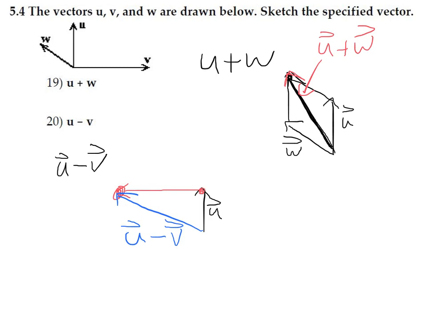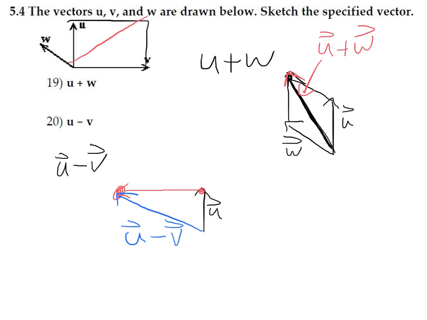Now, another technique that can be used, and this is something that's not as obvious as doing u and then minus v from there, is like the parallelogram law before. Essentially, if I were to finish the parallelogram for u and v, that's u plus v.